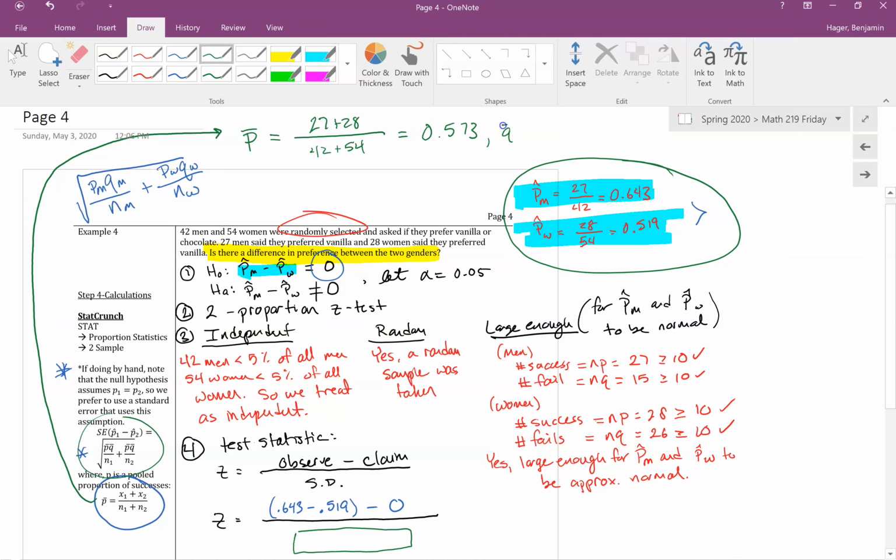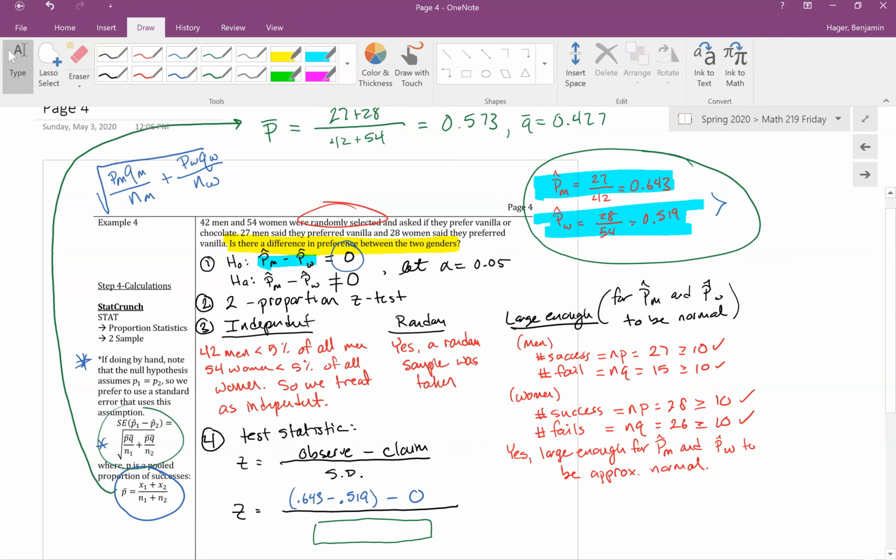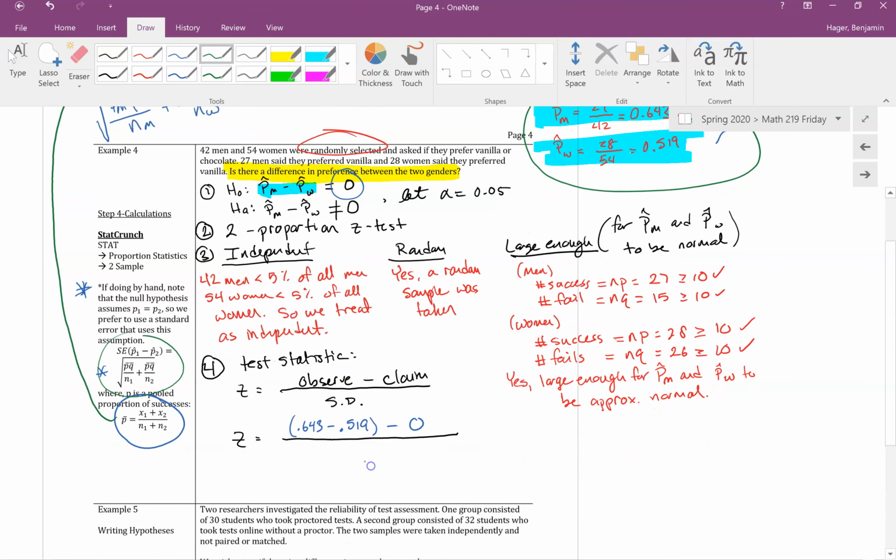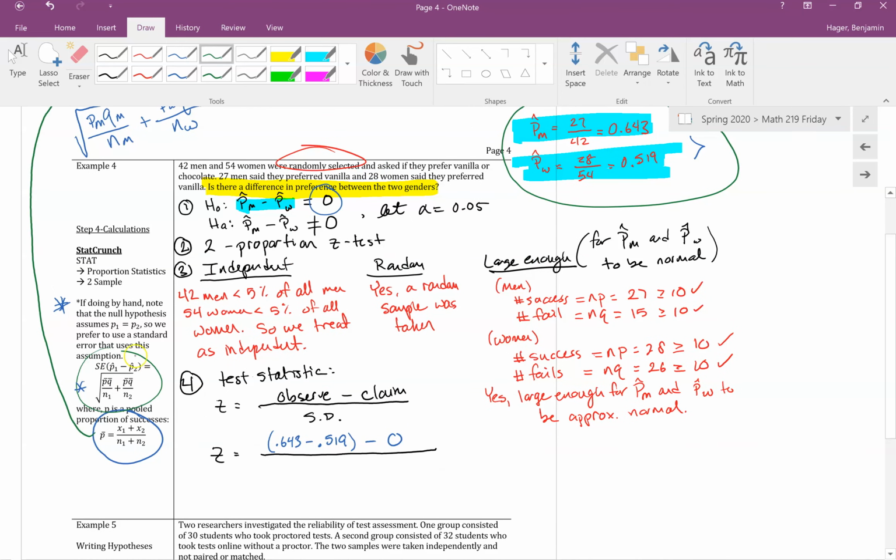And then therefore the complement of that, Q, would be 0.427. That is the percentage of people sampled that do not prefer vanilla. Okay, so again, not men and women, but just people in general. They're pooling those results together. And so they'll use those P and Q values when doing the standard deviation.